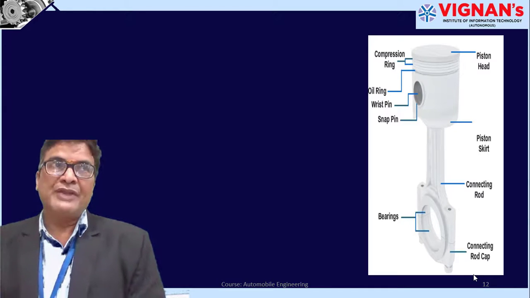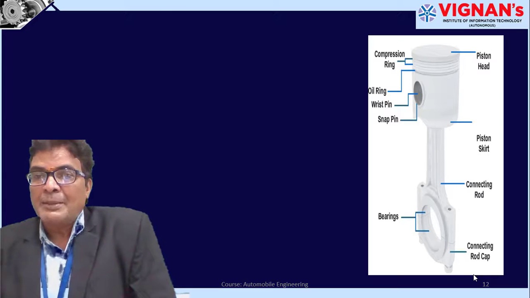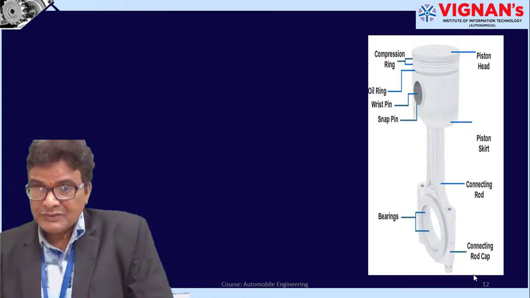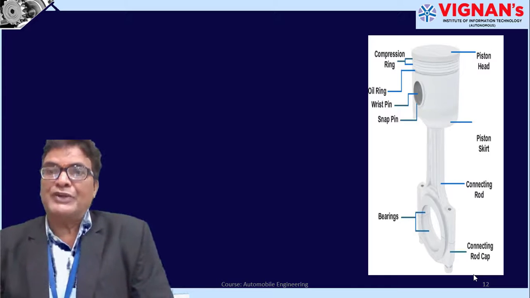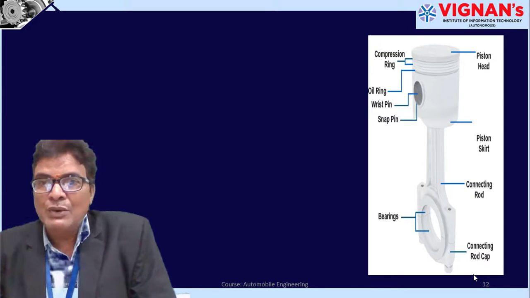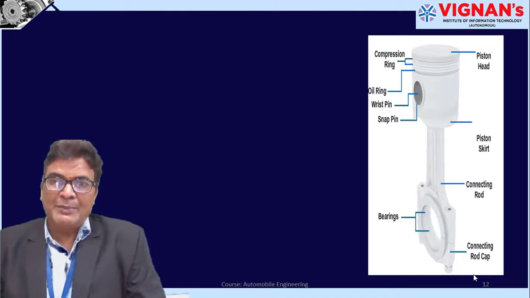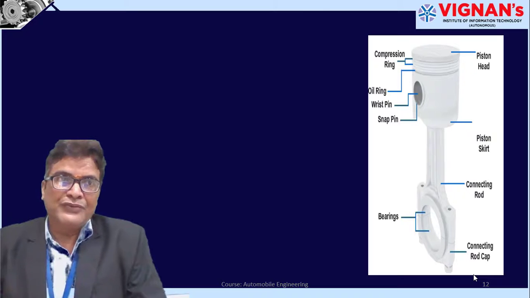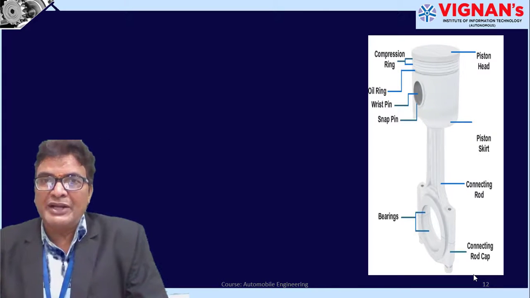Why do pistons fail? The main reason is abrupt throttling. Some drivers give the throttle abruptly, meaning all of a sudden, even if the road is plain.